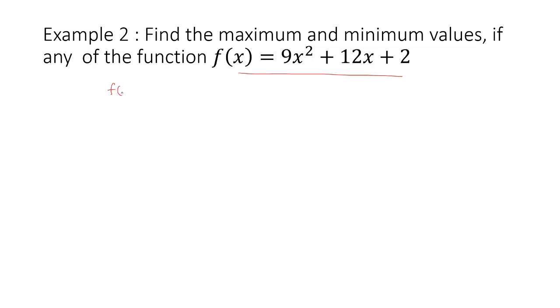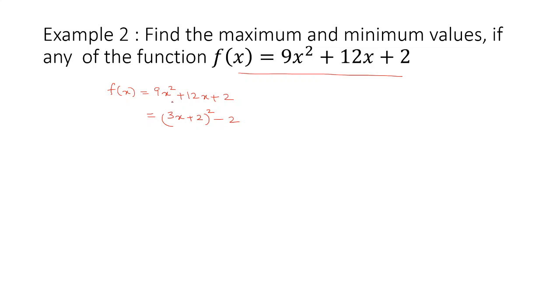The same way as in the previous example, let us complete the square. 9x square plus 12x plus 2 can be written as 3x plus 2 the whole square; if you expand this, you'll get 9x square plus 12x plus 4, so we subtract 2.